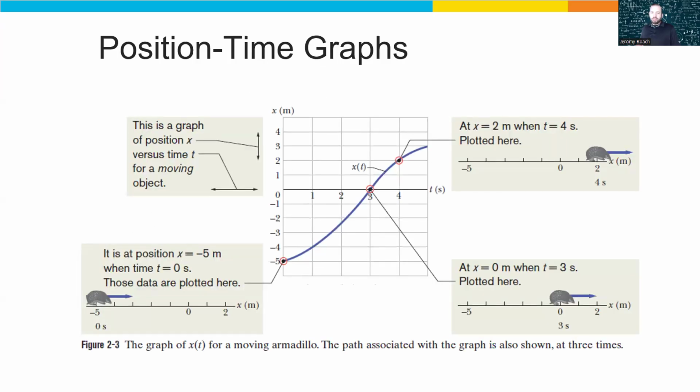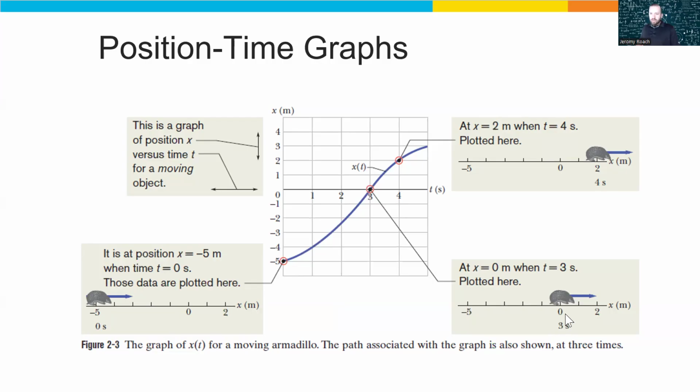We also have things called position time graphs. And so we put time on the x-axis and position on the y-axis. And what these graphs tell us is where something is located after a certain amount of time. So here we can see that at 3 seconds, this armadillo is at a 0 displacement.